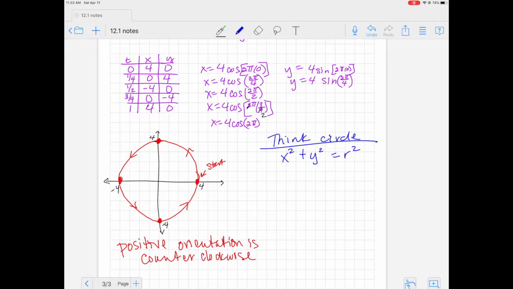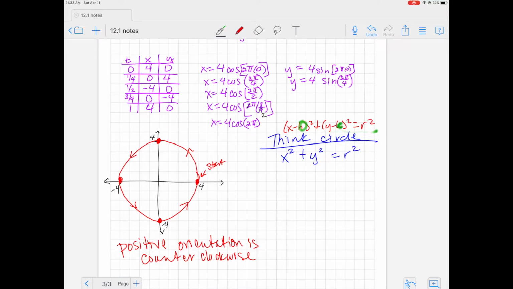Because our actual circle is x minus h squared plus y minus k squared is equal to r squared, right? Where my center is (h, k) and my radius of the circle is r. So if you didn't know that, there it is. And it's literally just that easy of a formula. So it's not anything fancy. This is just center radius form for a circle.